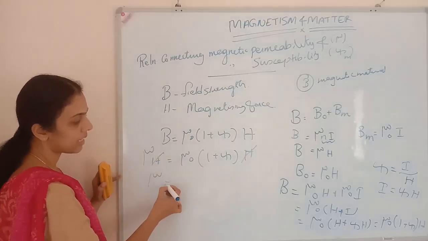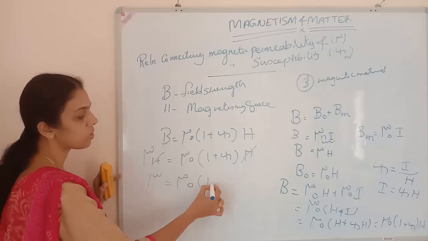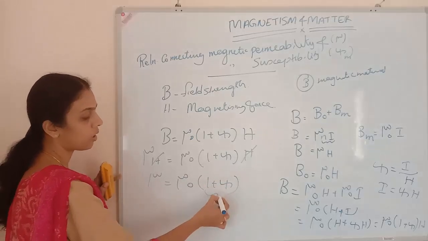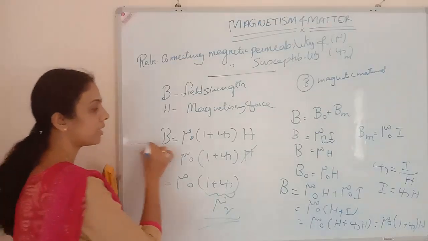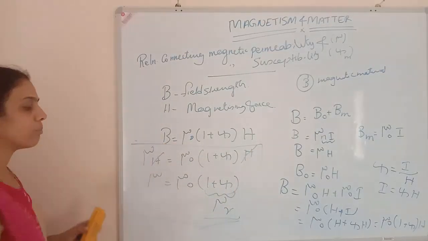So we get mu equals mu 0 into 1 plus chi, which we can also write as mu R. All these formulas are important.